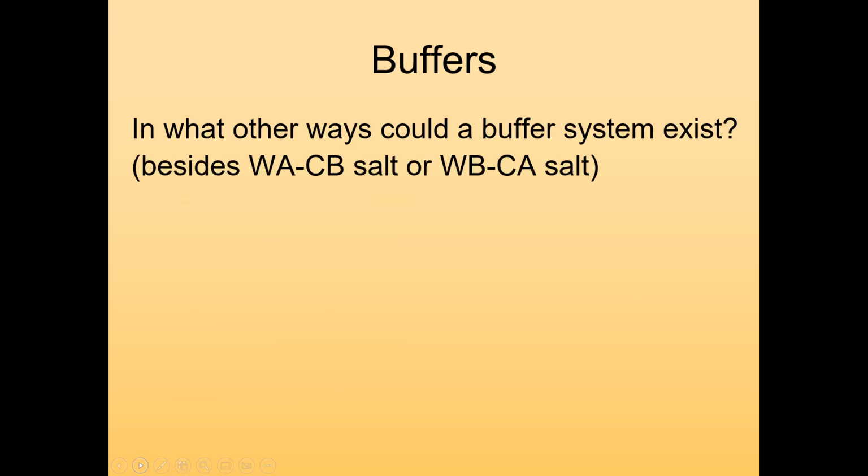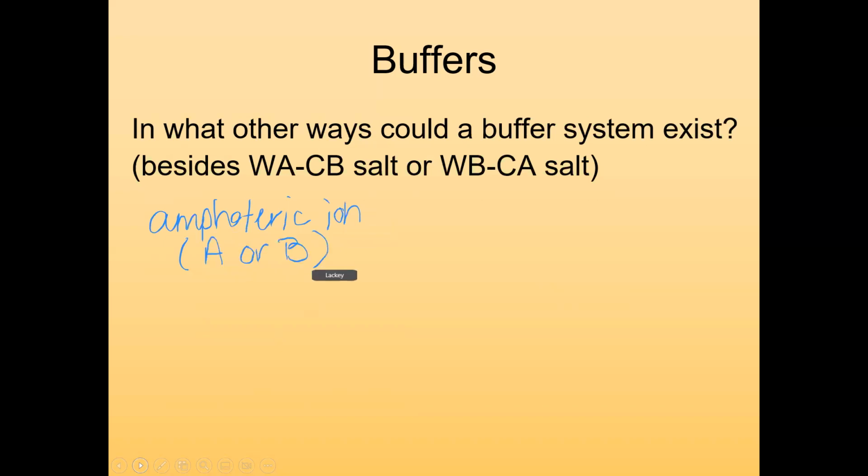So for something to be a buffer, we can have our weak acid and its conjugate base. We can also have the weak base and its conjugate acid. Another thing we can have is an amphoteric ion. So remember, amphoteric means it can be an acid or a base.